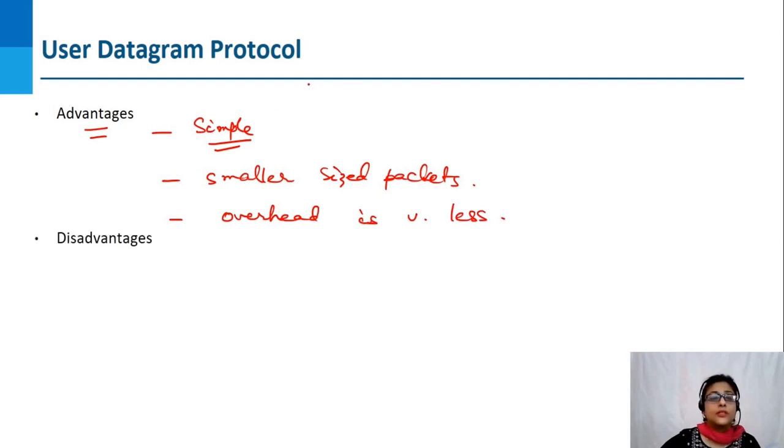But there are several disadvantages also. Since this is simple, there is no perfect flow and error control mechanism. There is no sequencing.